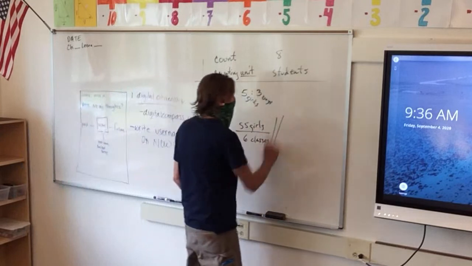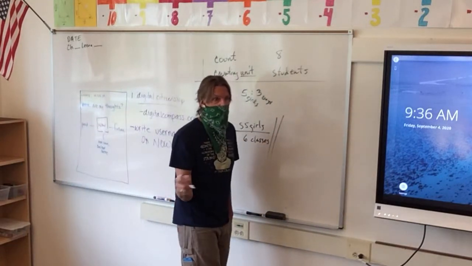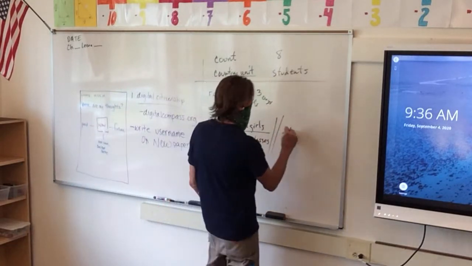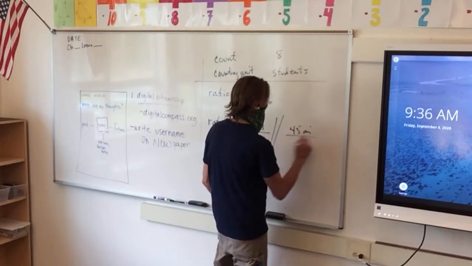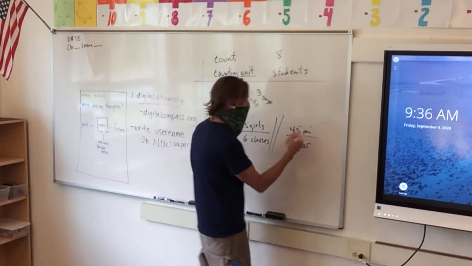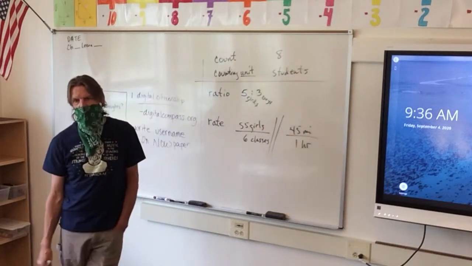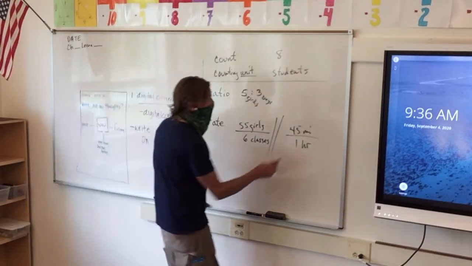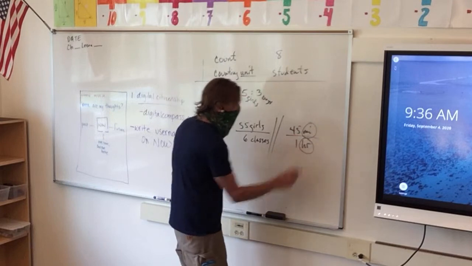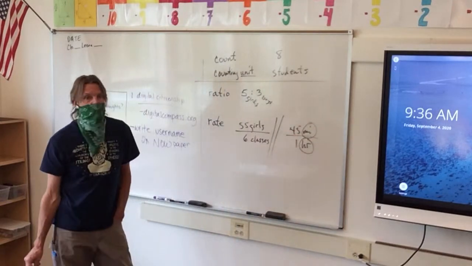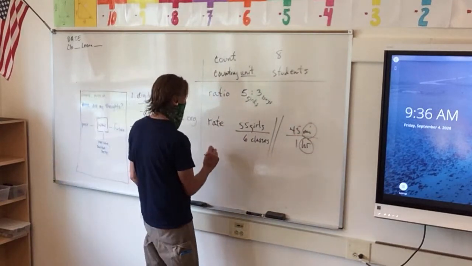Maybe a better rate would be something like miles per hour. And that's the really common one. So if something is traveling 45 miles in 1 hour, that's a common rate. And what's unique about this is that there are 2 different units. That's what makes it a rate.